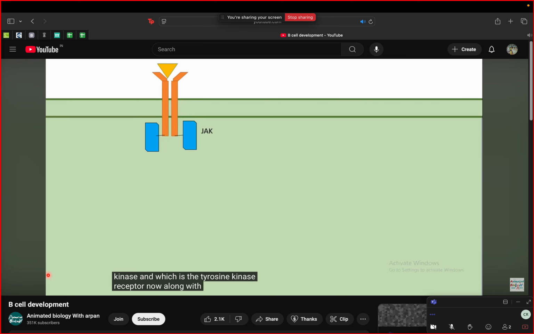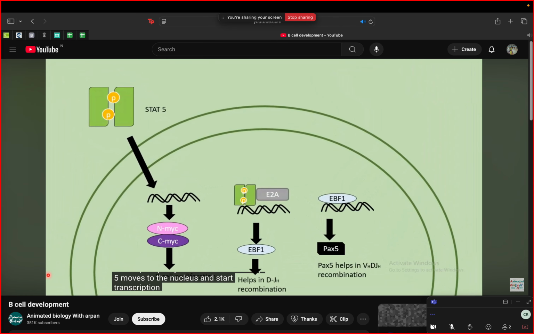Now along with it, Janus kinase is associated. Now JAK gets phosphorylated upon IL-7 binding, and it allows phosphorylation of STAT5. STAT5 moves to the nucleus and starts transcription of NMYC and CMYC. Also, it starts transcribing EBF1, and EBF1 and STAT5 both allow transcription of PAX5.